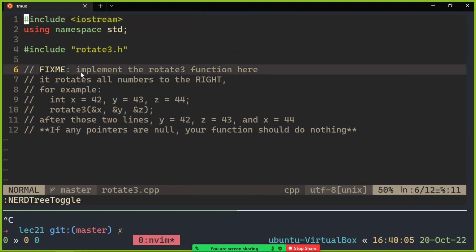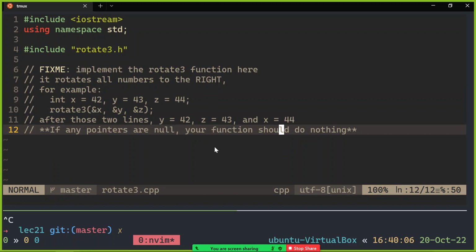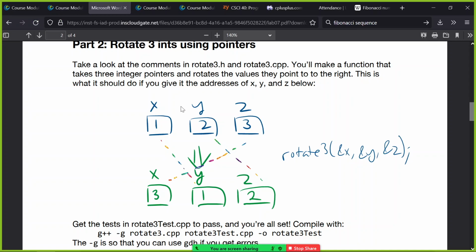And so here's where you implement it in the rotate3.cpp file. And so you are given a pointer to 3 numbers. So say somebody called rotate3 with the address of x, the address of y, and the address of z, where these are x, y, and z. What your function should do is rotate the values to the right.